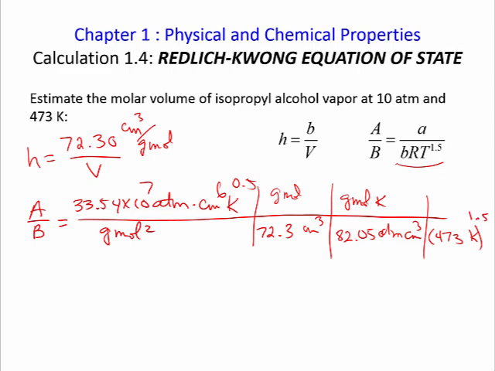We can solve for A over B. A over B would be dimensionless and equal to 5.5.